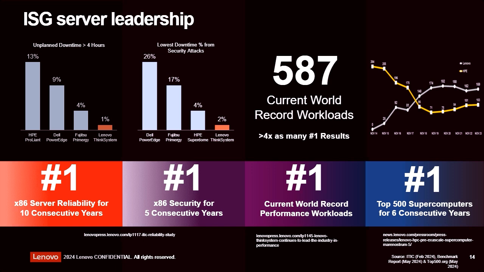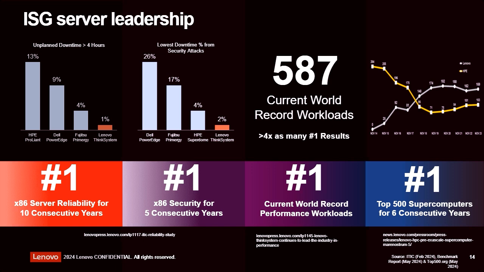Moving to the right a little bit, you can see that we're now up to 587 current world record benchmarks. That's more than the rest of the industry combined. So we really like to be able to beat our chest about that. It's with both Intel as well as AMD CPUs, but it really speaks volumes to the fact that we can support any of our customers' workloads, no matter how big or small that might be.